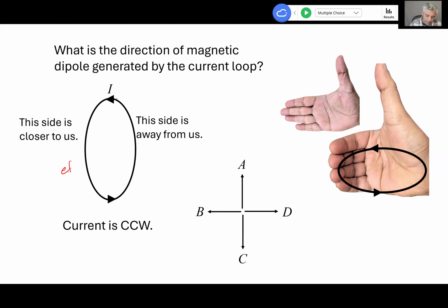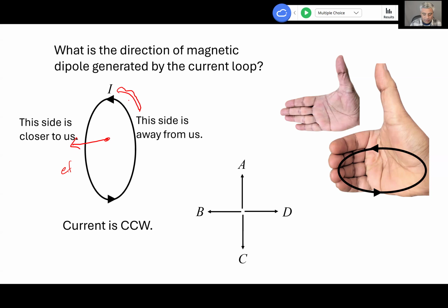So anyway, here what's happening is current is circulating. This arrow represents the direction of circulation of current. So that means your fingers should be curling and going something like this. So when I do that, my straight thumb goes on this side.